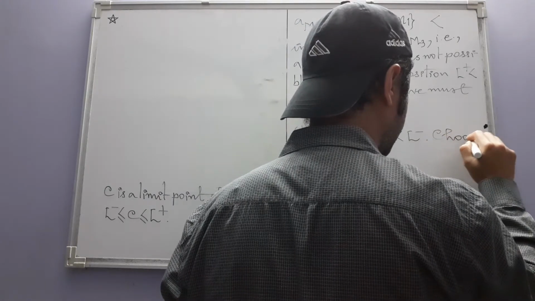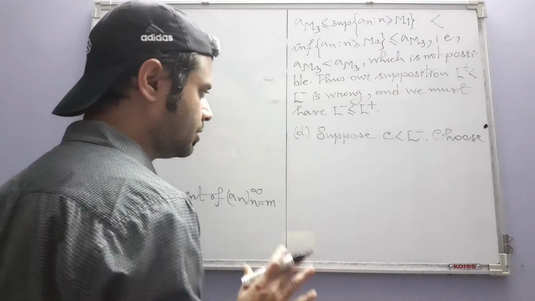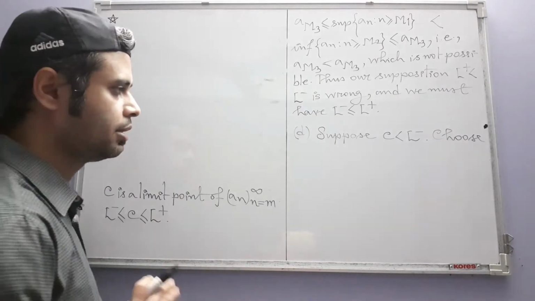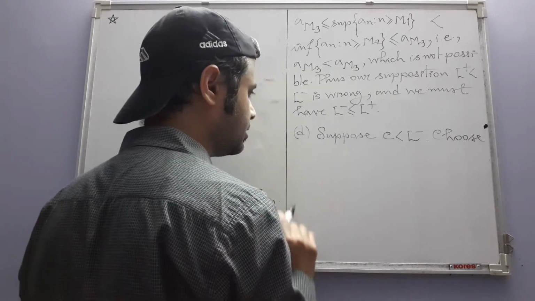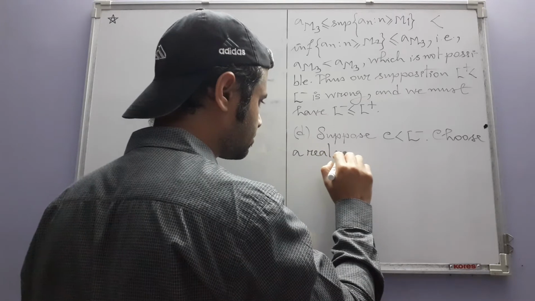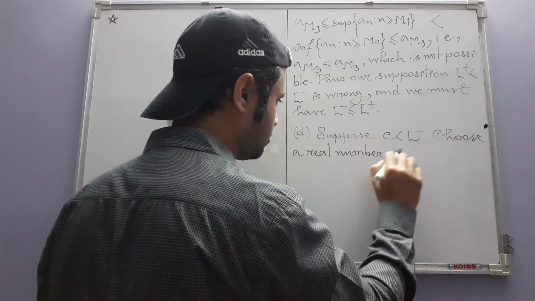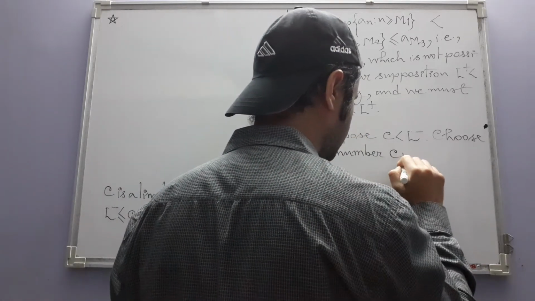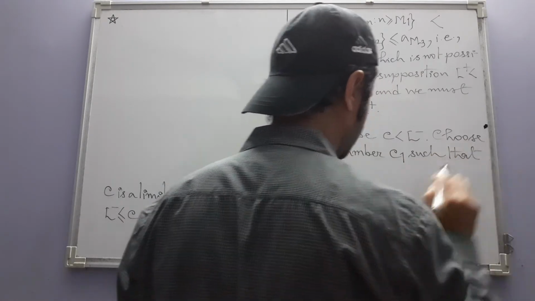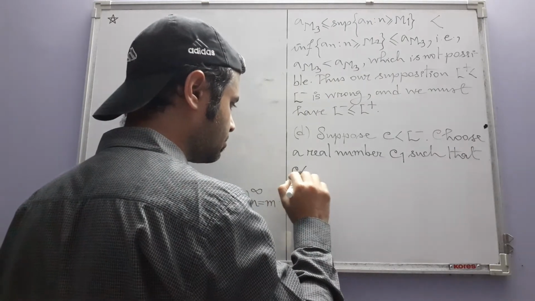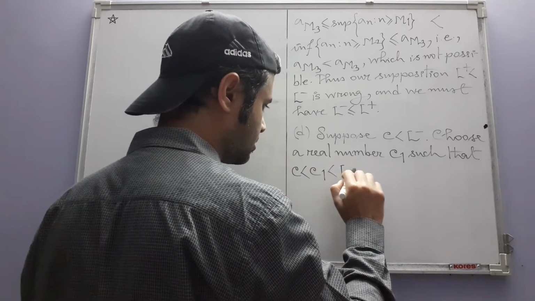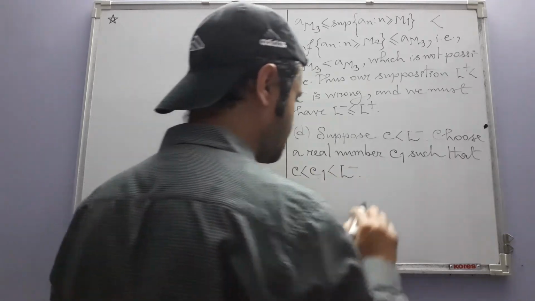So we write, and the reason why we need an extra real number in between will become clear. Okay, let us see the things. Choose a real number C1 such that C is less than C1 and C1 is less than L minus.